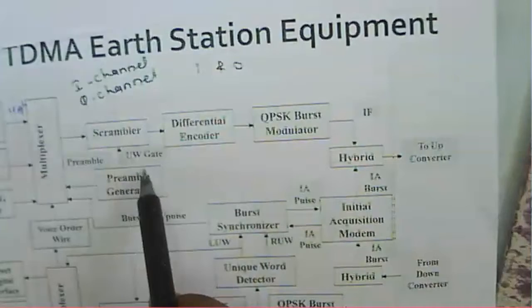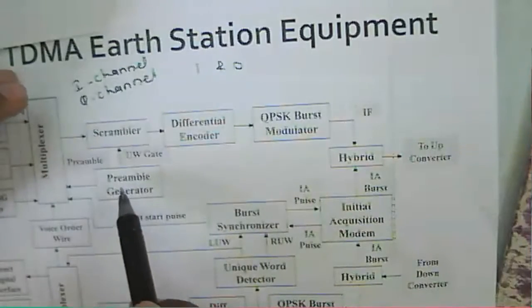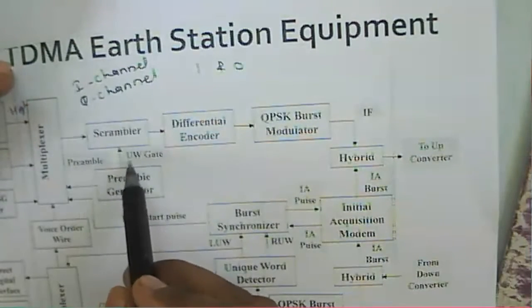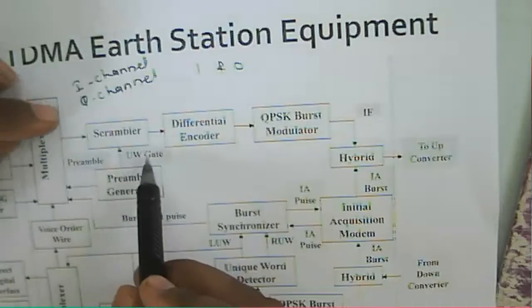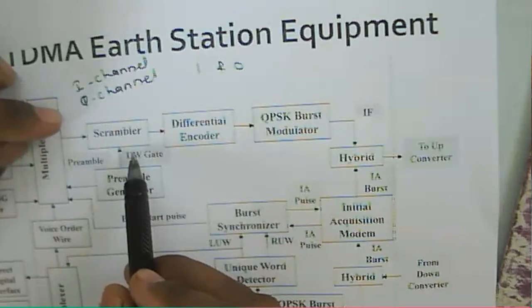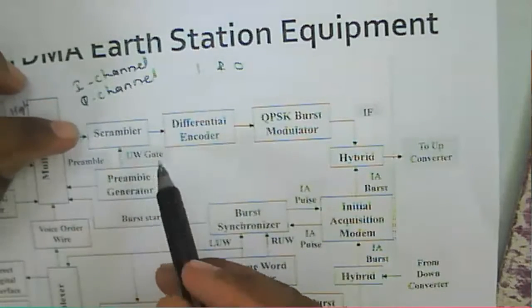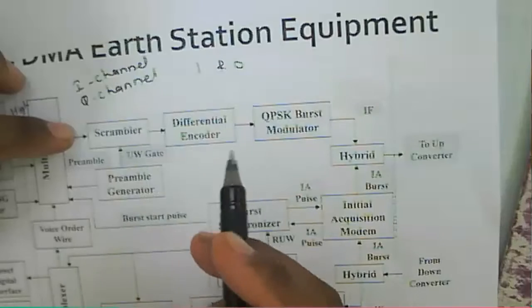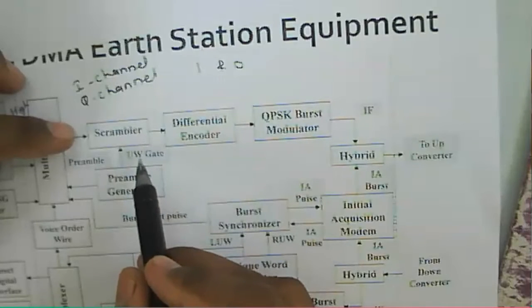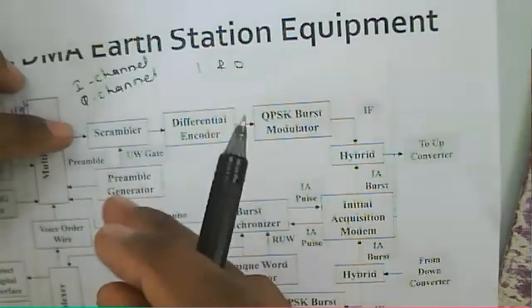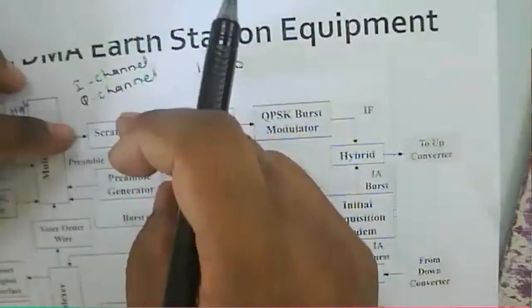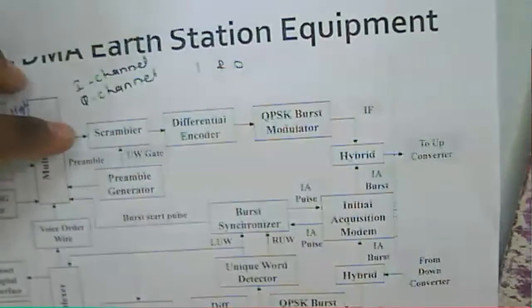Now similarly we have this unique word pulse or unique word symbol, and that will be useful for the synchronization process. If the unique word pulse is not there, then synchronization at the receiver is very difficult.